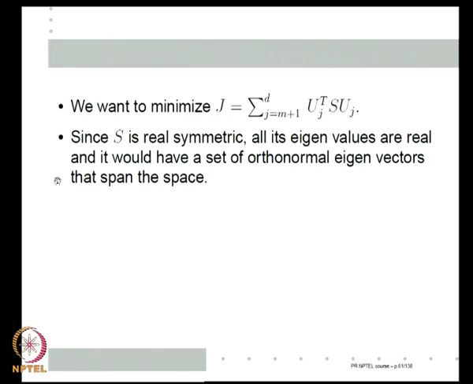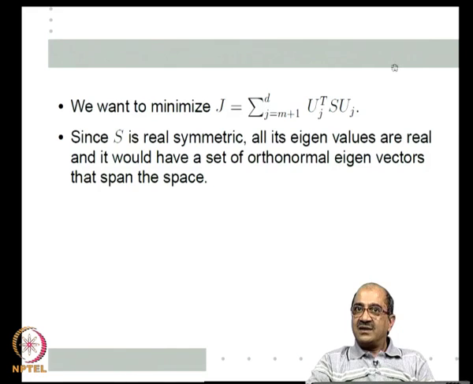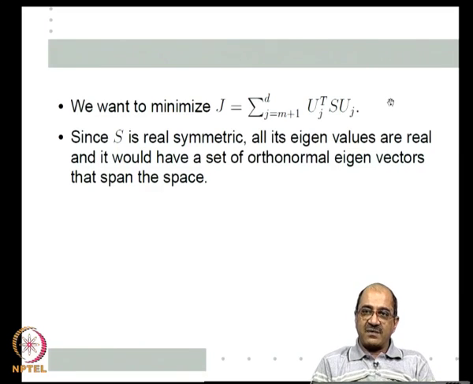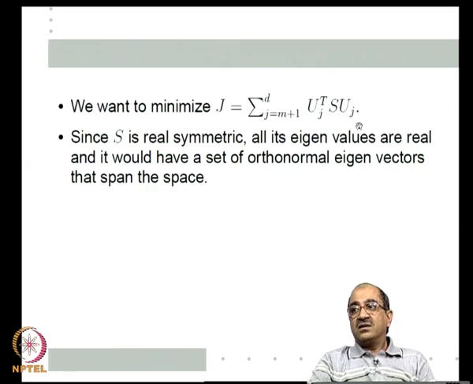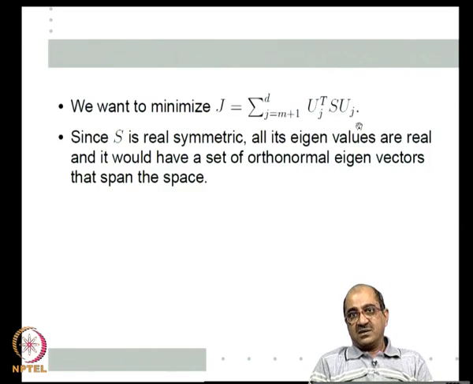So, I can take the eigenvectors of S to be an orthonormal basis, and then they satisfy the constraints on Uj. Now, we already know that any eigenvector will satisfy the gradient equal to 0 equation. So, essentially we have to ask which eigenvectors to choose to minimize this, right. Any eigenvector I pick here will give Uj transpose S Uj as the eigenvalue, and obviously I can't repeat any eigenvector because I want the Uj's to be orthogonal.